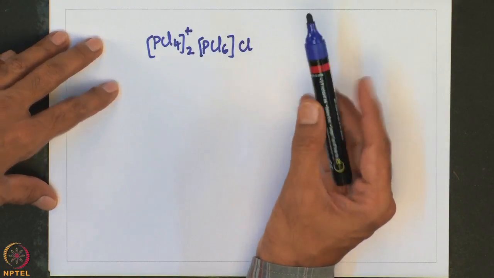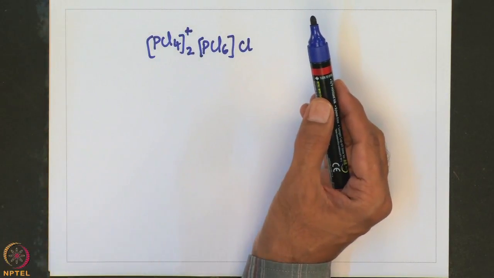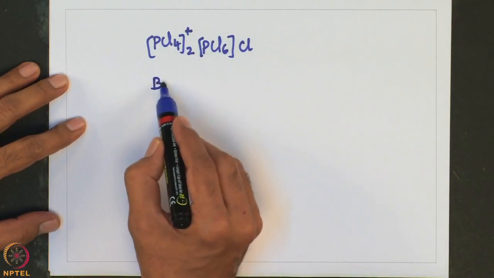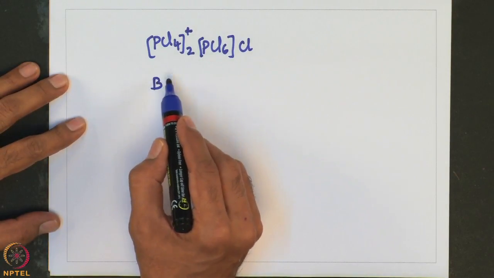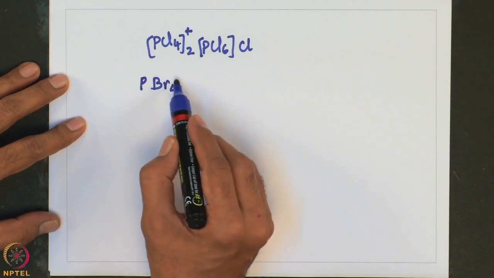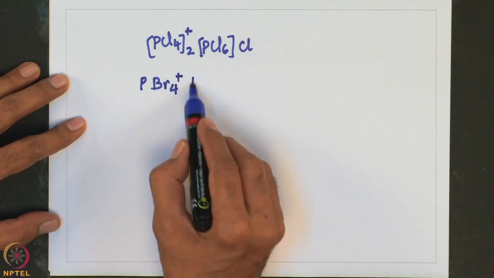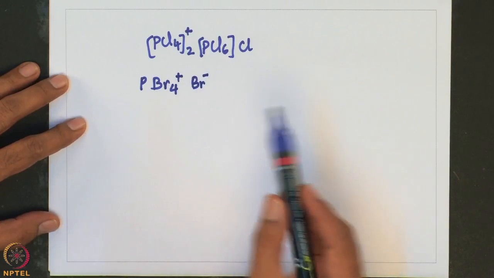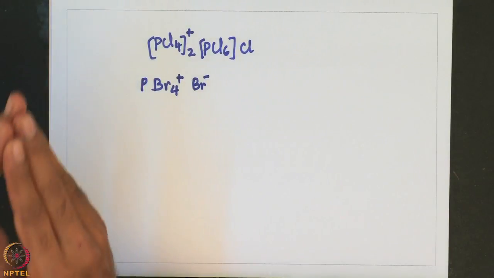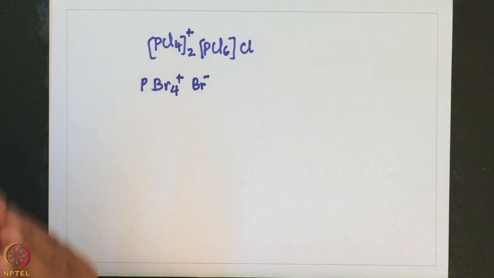Something like this. So, in contrast to PCl5, PBr5 contains PBr4 plus and Br minus. So, this shows how different these phosphorus halides are with respect to their structures.